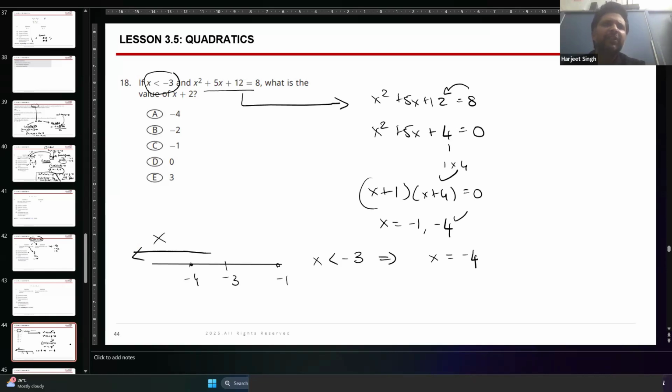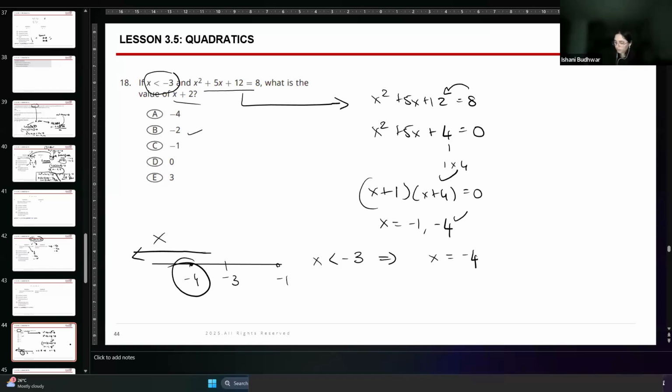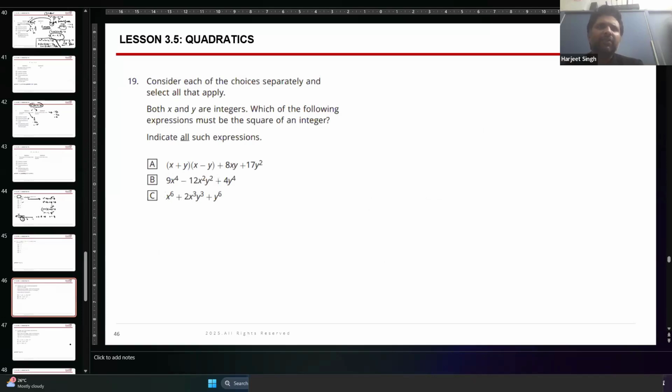So the intersection of the region and this value will be minus 4, which is why I've written x equal to minus 4. And if x equal to minus 4, what is the value of x plus 2? Minus 2. So that's the answer. So they can combine different types of equations like inequalities, quadratics, and ask you a combined question.